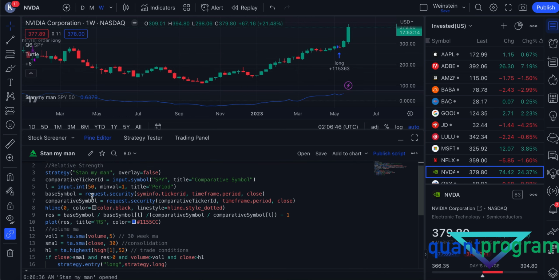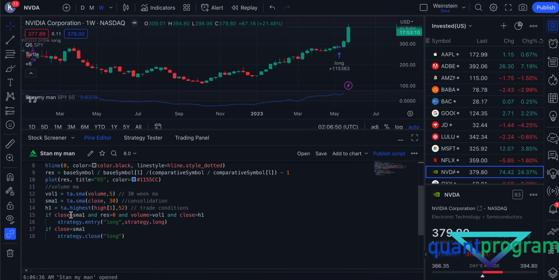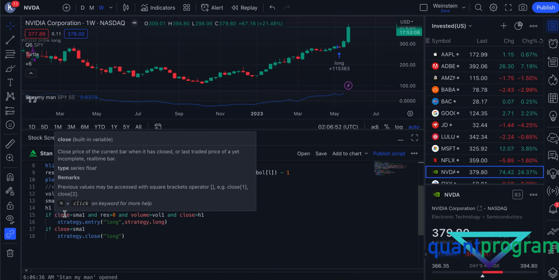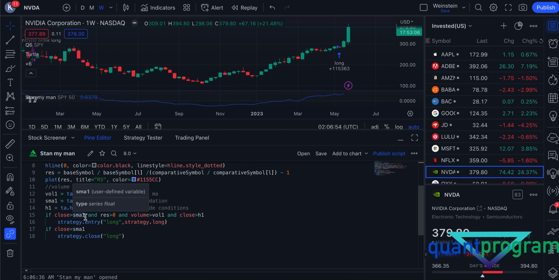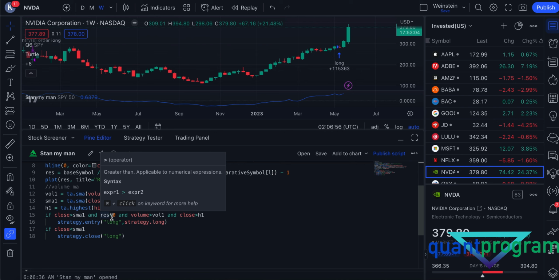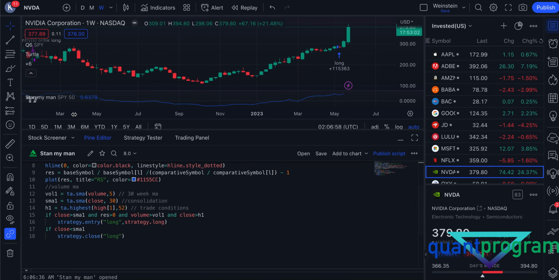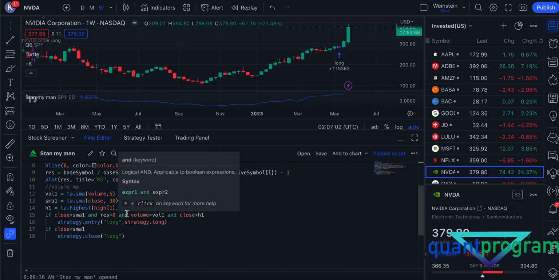It's got the comparative symbol into play, where we take SPY's data as well, and we compare all these things and then add it all up. If the close is greater than the moving average, and if the relative strength is also taken into account, so we take the relative strength of the stock with respect to the SPY, and it's higher than the relative strength of the SPY, and we also take the volume into account, then we enter the long position.